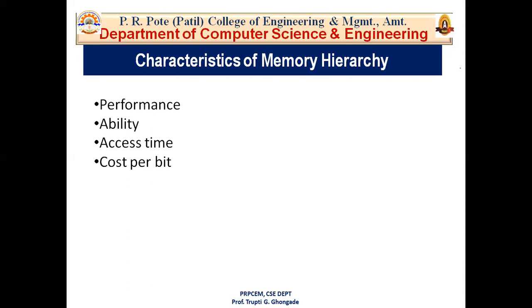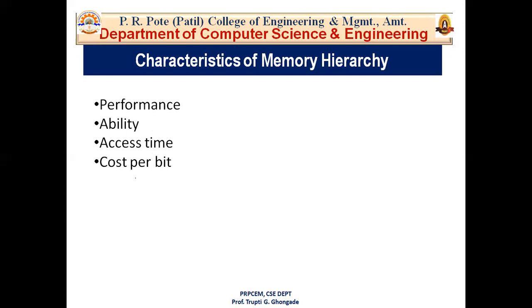That means when the processor wants to read particular data from memory, the time it requires from when the read operation starts up to when the read operation ends is the access time in the memory hierarchy. So because whenever we shift from top to bottom inside the memory hierarchy, the access time will increase.